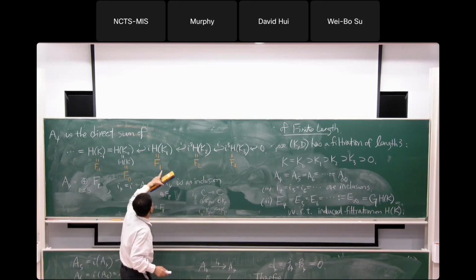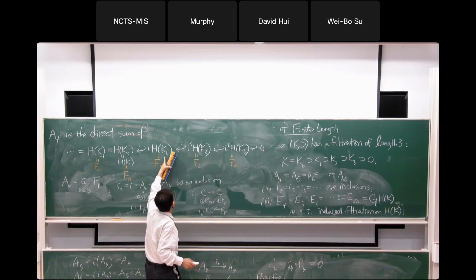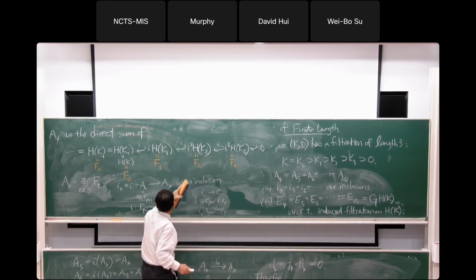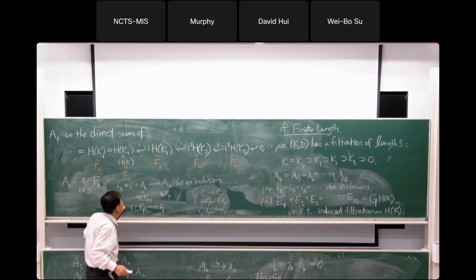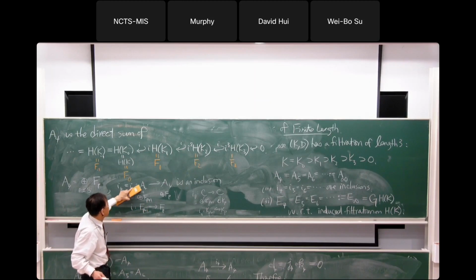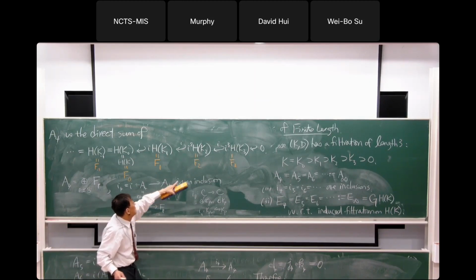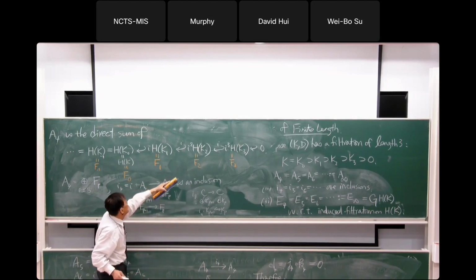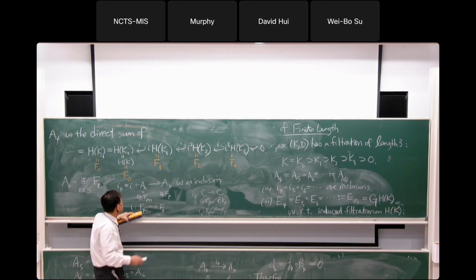So K2 goes to K1, and when you write it out as a direct sum, H2 goes to H1, right? And then you take the direct sum.